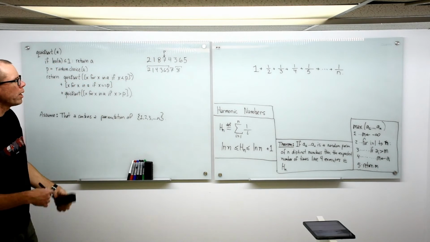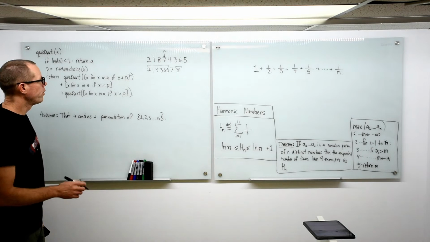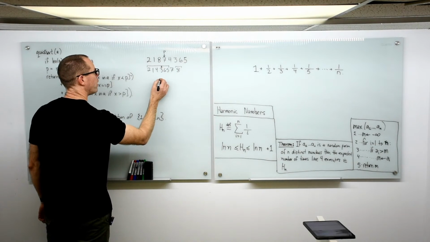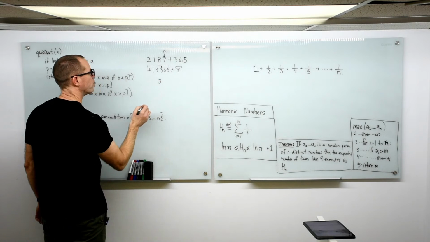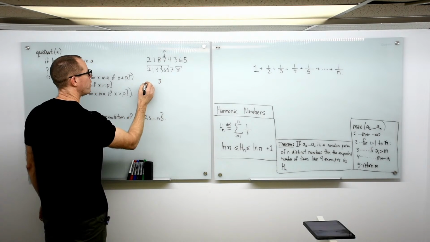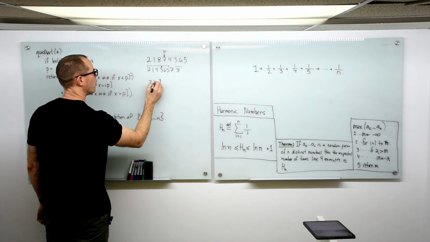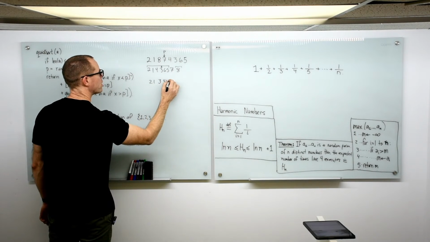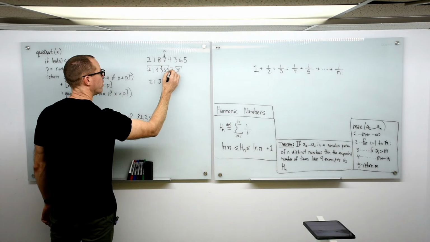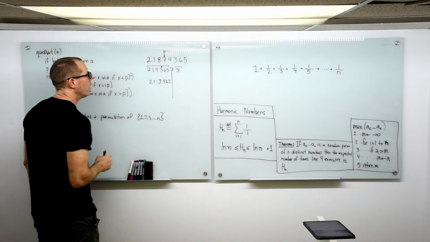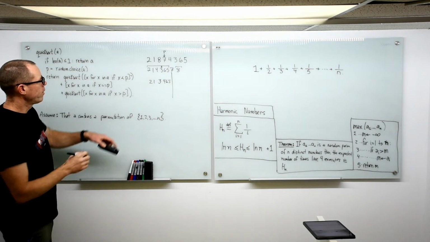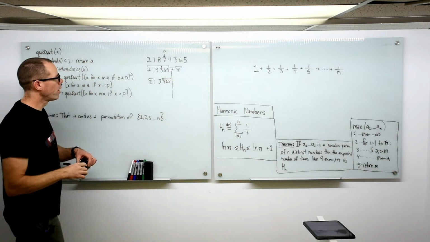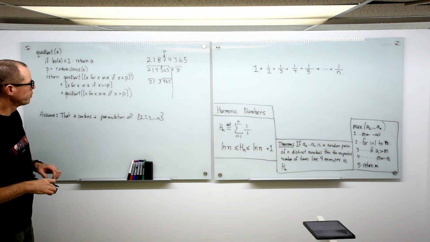So suppose we pick the value 3 when we recurse. Then this gets split up into the stuff smaller than 3, which is 2 and 1, and the stuff bigger than 3, which is 4, 6, 5. This is the first part, this is the third part, and 3 is there in the middle.